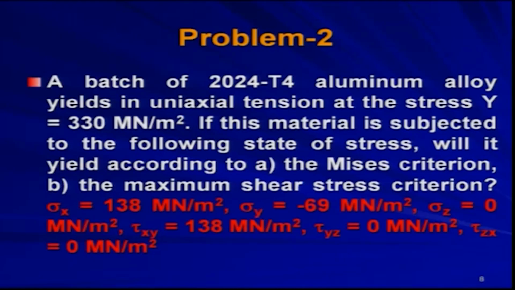If this material is subjected to the following state of stress, will it yield according to the Mises criterion and the maximum shear stress criterion? Sigma x, sigma y, sigma z, tau xy, tau yz and tau zx are given. So these 6 stress components are given, and you need to find out whether this material will yield under this combination of stress.